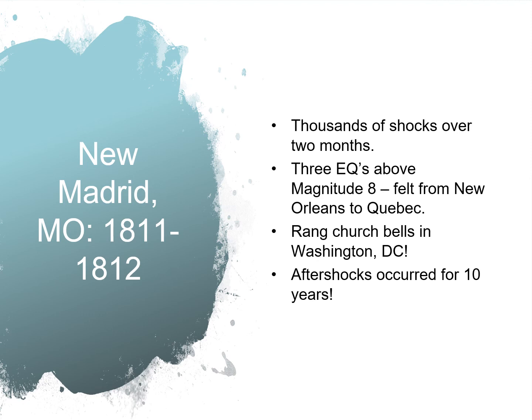And so a best example of one of these is the New Madrid earthquake, or earthquakes, probably better put, that happened in the winter of 1811 to 1812. And so this was a series of at least 3 events that were probably each above an 8 in magnitude. These were able to be felt all the way from New Orleans all the way up north to Quebec.